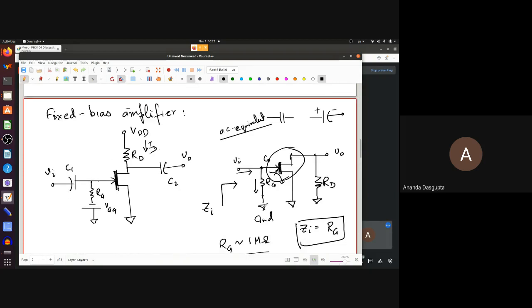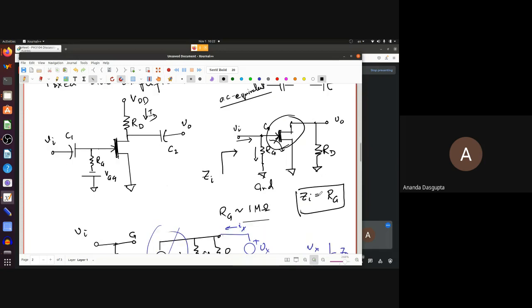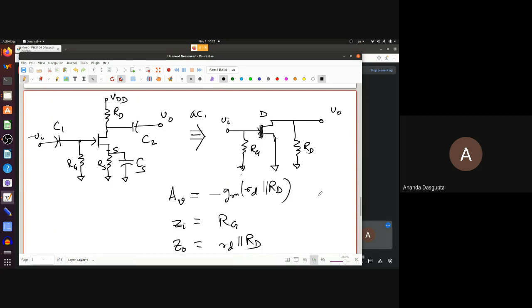RG connected between the gate and the ground. This was shorted anyway, and RD here between the drain and the ground. This circuit is exactly the same. Why? Because the only differences that we had were contributing to the DC biasing. Of course, you have more stability for the DC bias. But the rest of it is exactly the same.